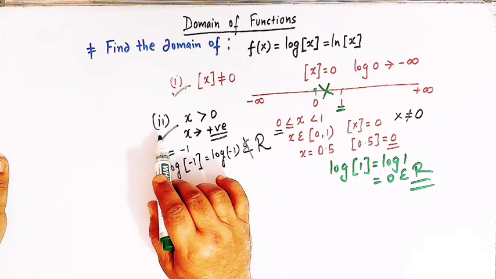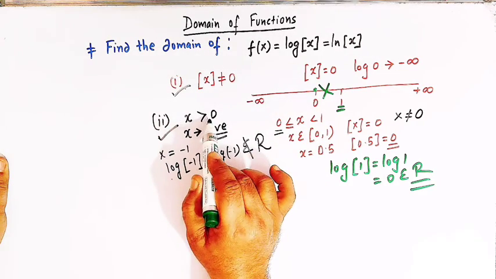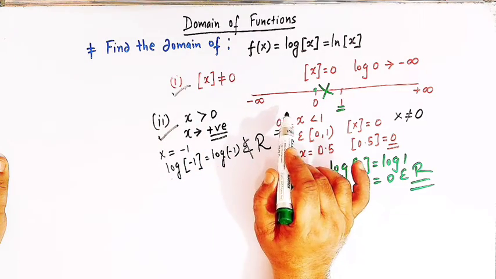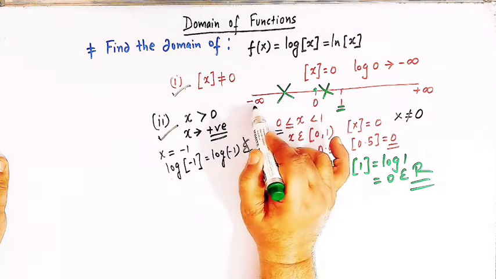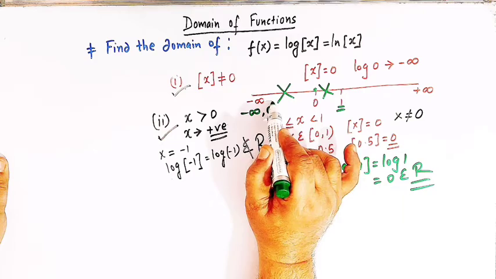And we said in the second point that x should be greater than 0. It means x cannot be a negative number, so we can discard this interval also, that is from minus infinity to 0, right?